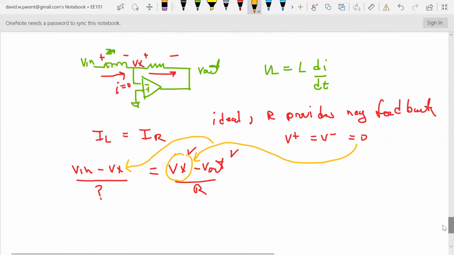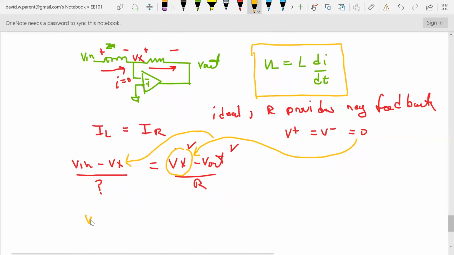Well, I know what VL is. Okay. In this case, because Vin minus Vx equals VL, and Vx equals 0, that means Vin equals VL.